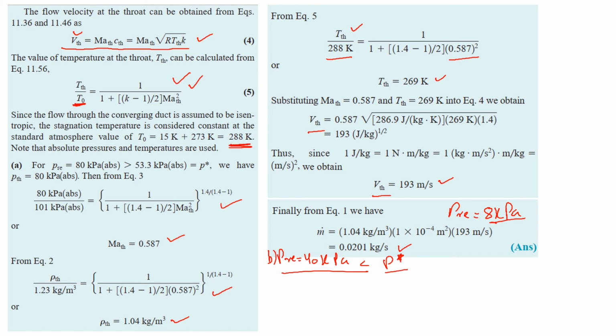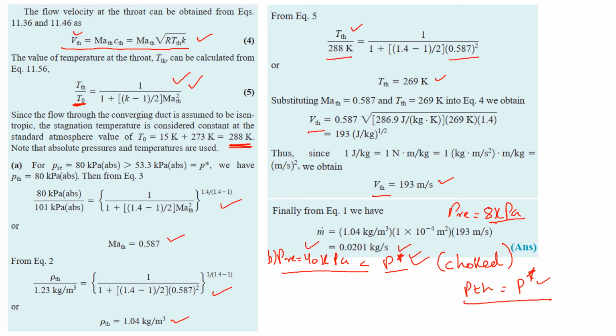So what we will do, in this scenario, if we take the receiver pressure as 40 kilopascals, which is less than the critical pressure, then in that case our nozzle will be choked, and at the throat the pressure will be equal to the critical pressure, that is the pressure at which the nozzle is choked.